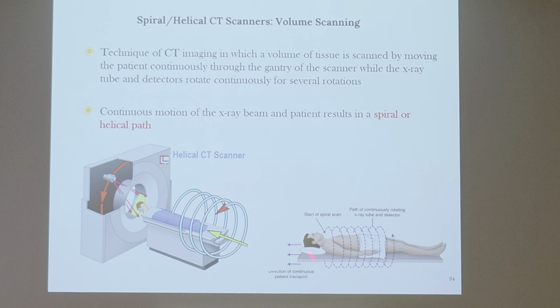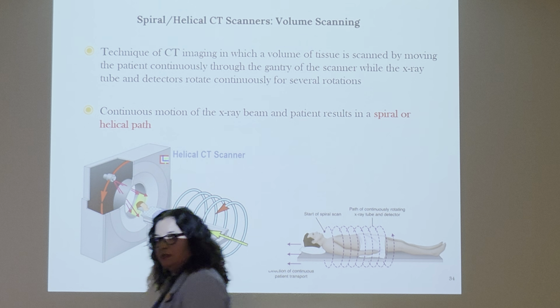This right here is going to be determining the slice thickness. It's eventually going to be the speed of this table, and if it's not in sync, it will come up with some type of artifacts. So all of these things have to play very much in sync in order to get the right images.